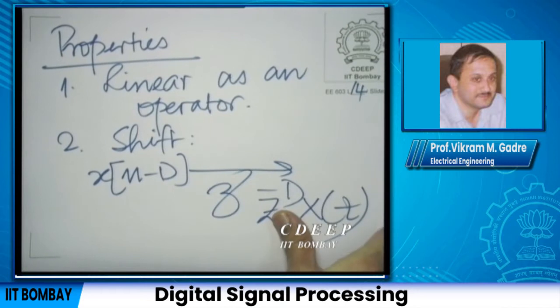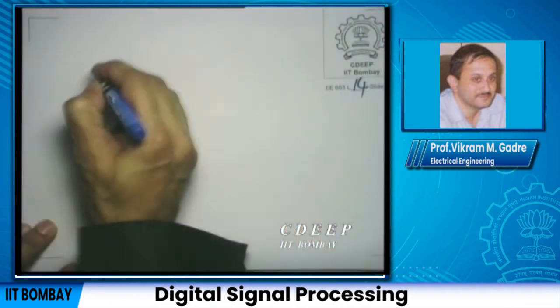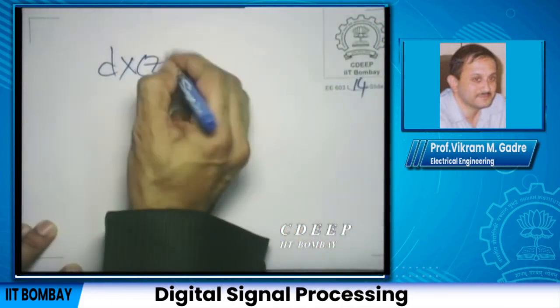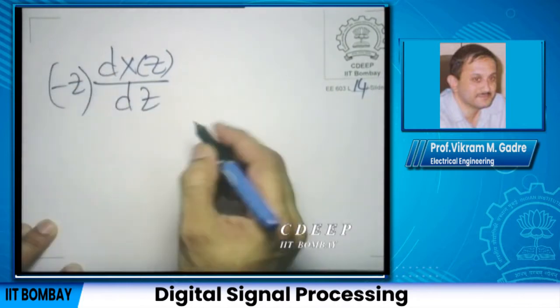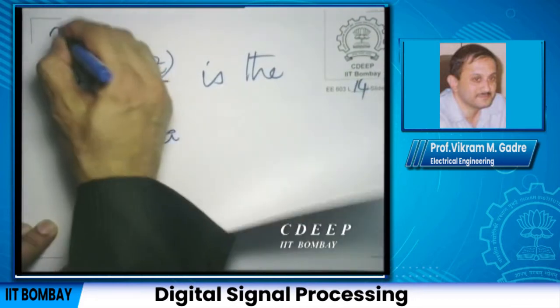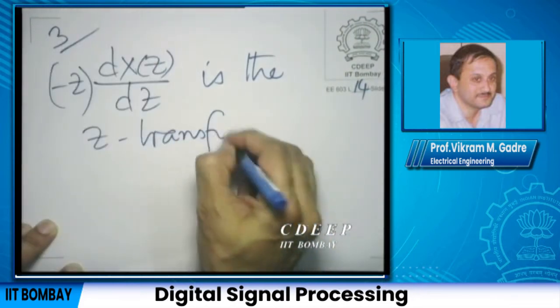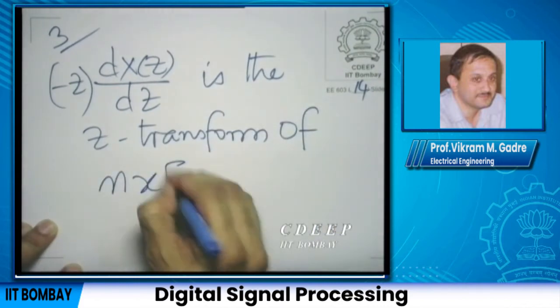We also saw what happens when we differentiate. This was what we were looking at last time. So, we saw that if you differentiated the Z transform, dX(z)/dz, and multiply this by minus z, it is the Z transform of n times x[n].